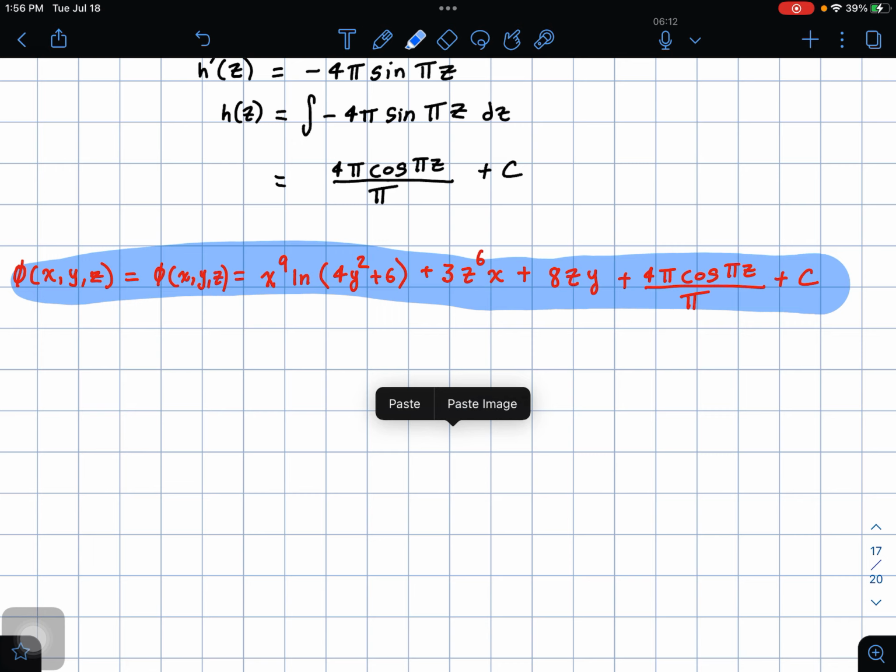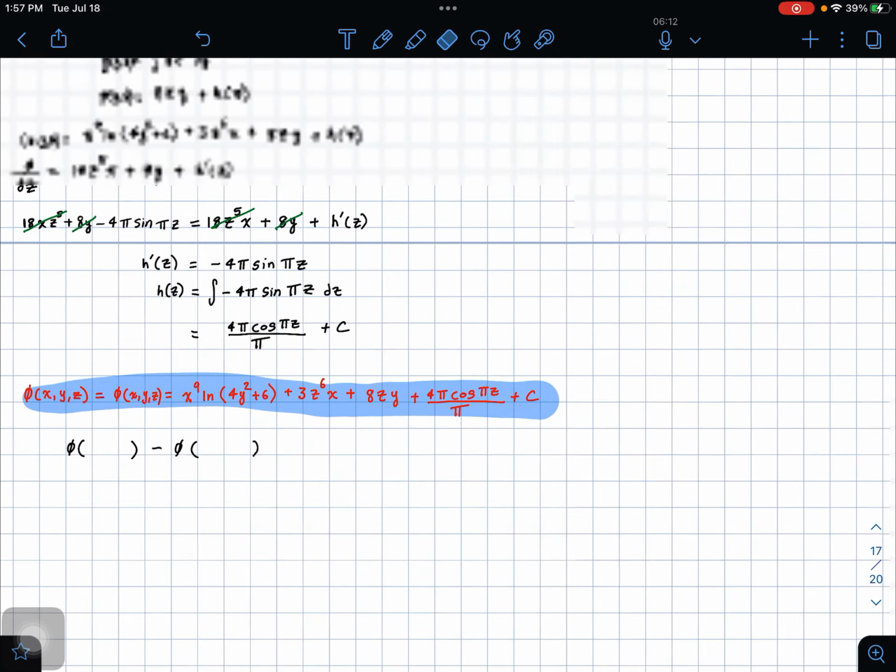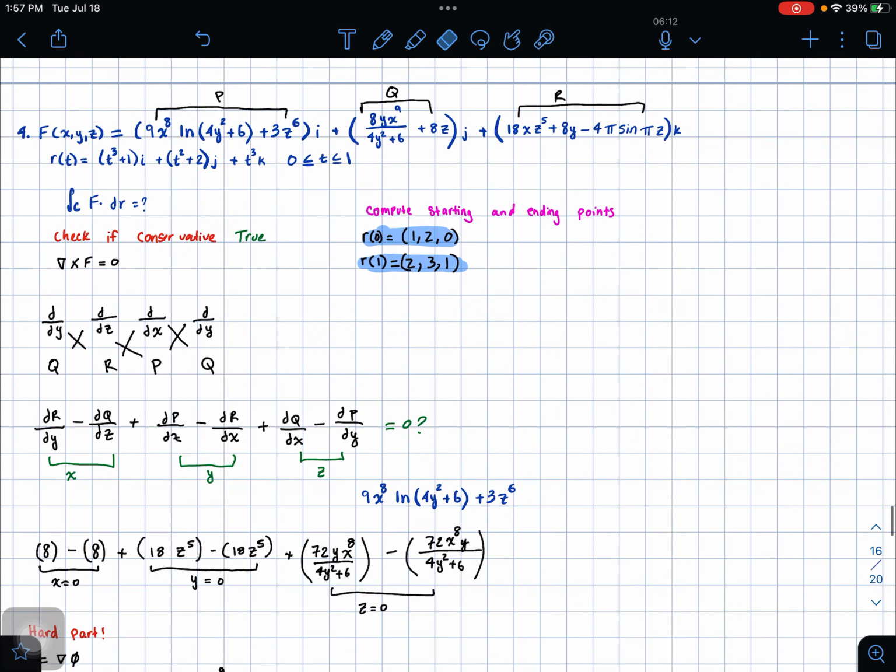So to get our final answer, what we have to do is take phi of something minus phi of something, and this something is the end point and starting point. So what's our starting point and what's our ending point? It's end point minus starting point.